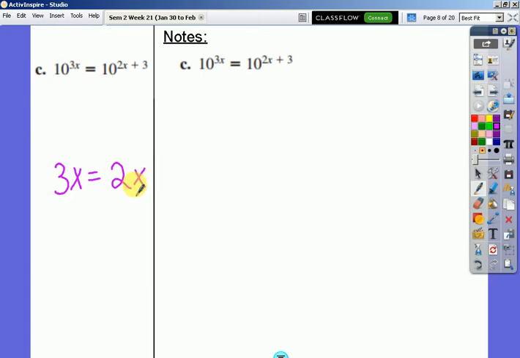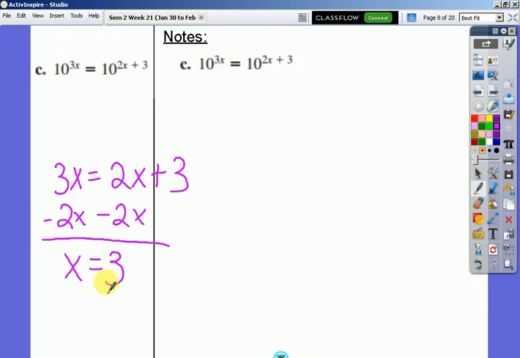Thank you. Solve for x. Subtract 2x. x equals 3.